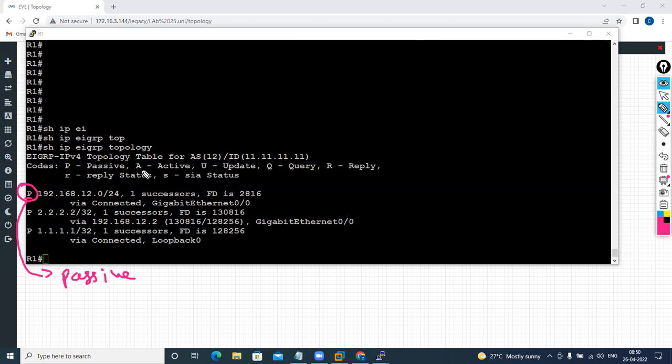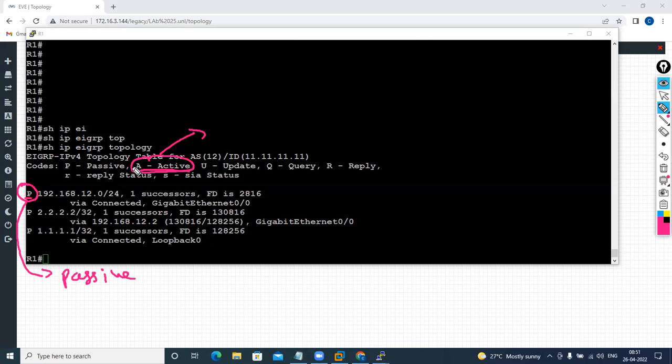So when will active come into the picture? When the successor is down and you don't have a feasible successor. When you start querying, you will see that active state. So you should not see this state in your topology table. Clear? Not clear? What is not clear? It is by default passive.